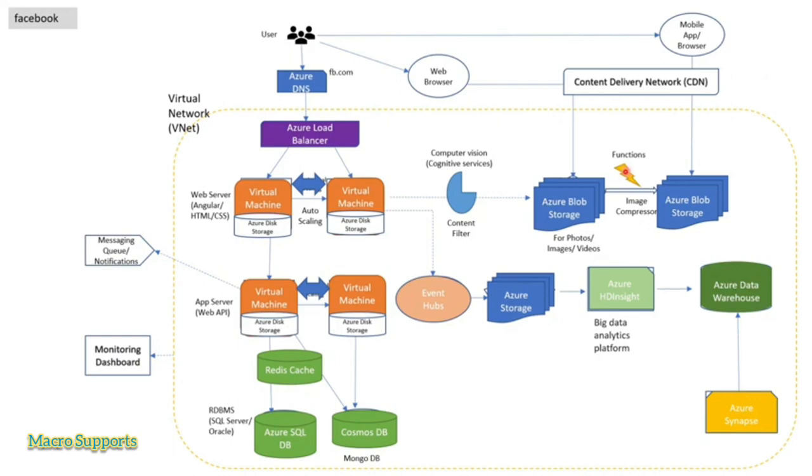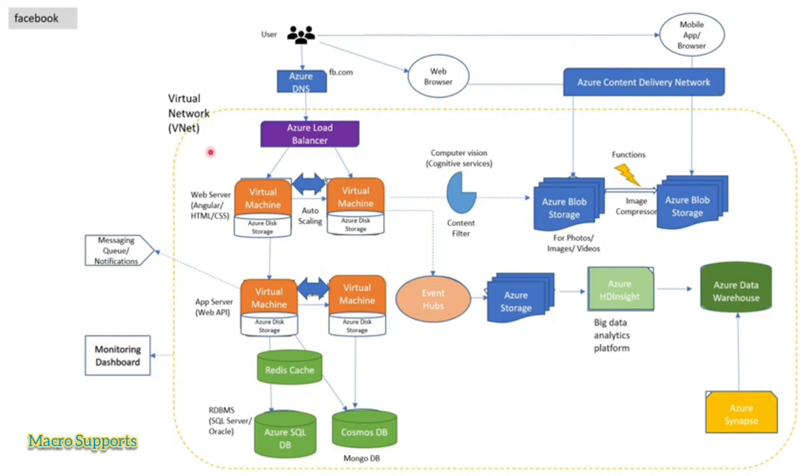Again, going with the same naming convention, the content delivery network will be replaced by Azure Content Delivery Network, which will help in setting up in different locations in the world, and the images and videos can be accessed without latency.